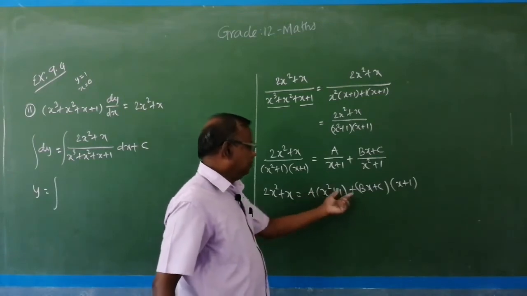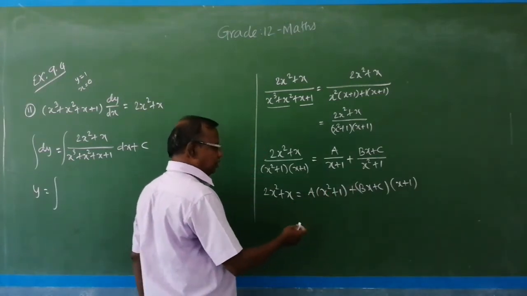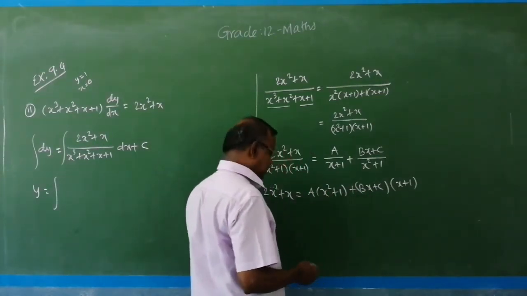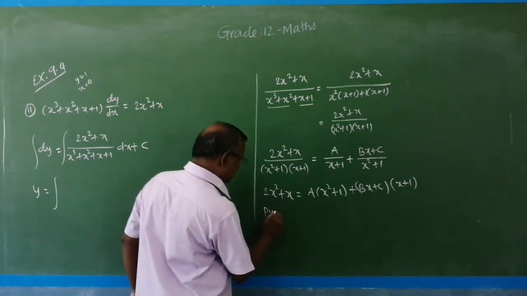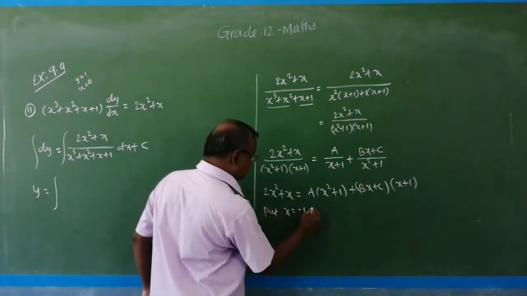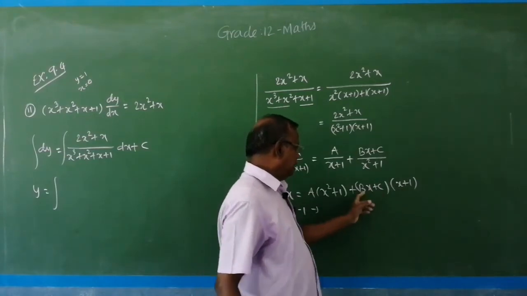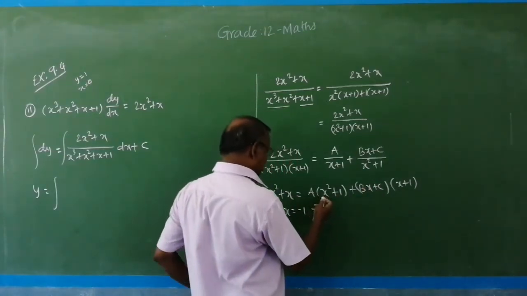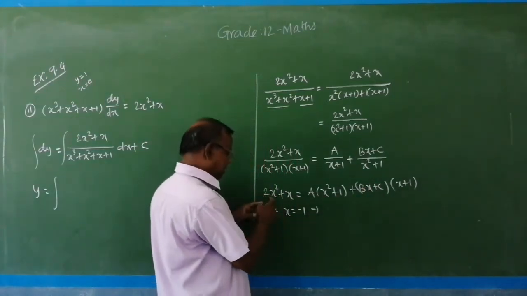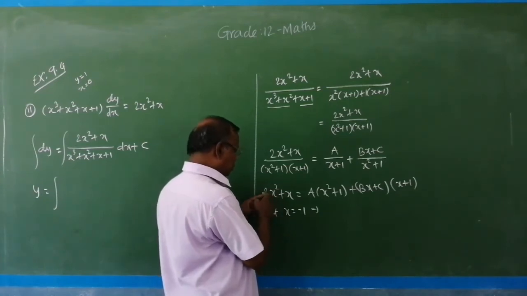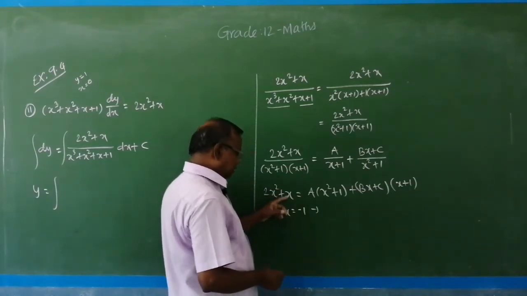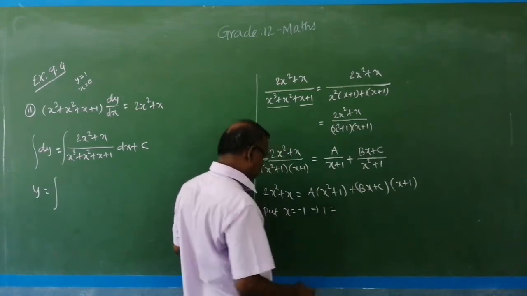For finding the values of a, b, c, we have to put some different values for x. Accordingly, put x equal to minus 1 so that b and c will be eliminated. Here on the LHS, minus 1 the whole square is 1, 1 2s are 2, 2 plus 2 minus 1 equal to 1. So LHS equal to 1.